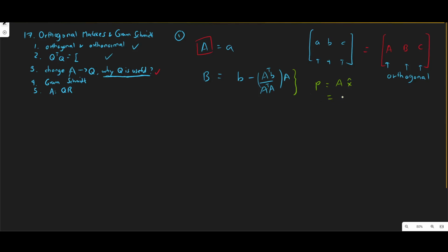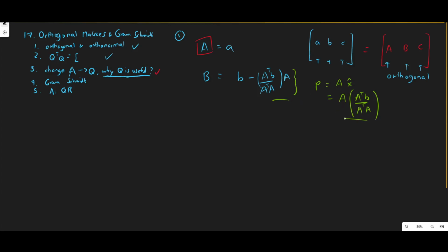And the x hat itself is A transpose b over A transpose A. Okay, so this is how you get them.